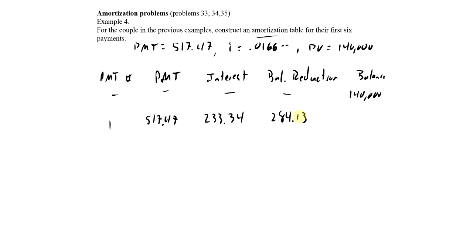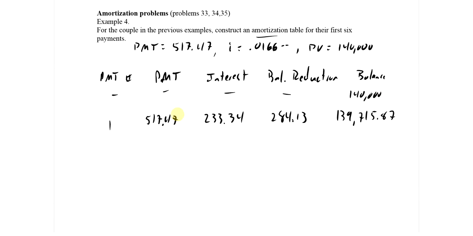So then I subtract this from that, and that gives me 139,715.87. My computer rounded on the... Okay. So, this is the balance.